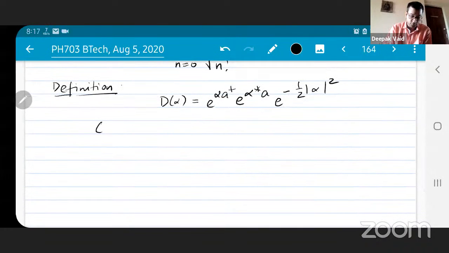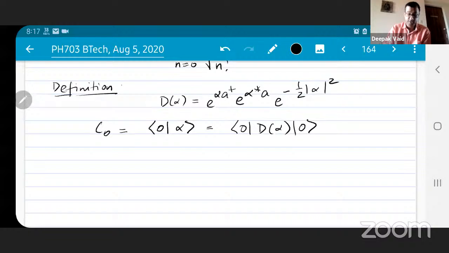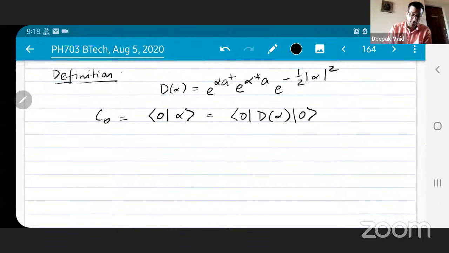So to evaluate C naught, this is C naught, and we know that alpha is equal to d alpha acting on the zero state. So all we need to do is insert this definition here, and we will get the answer, right? And the answer will actually turn out to be minus 1/2 alpha squared.